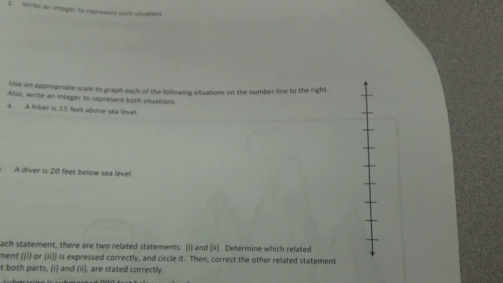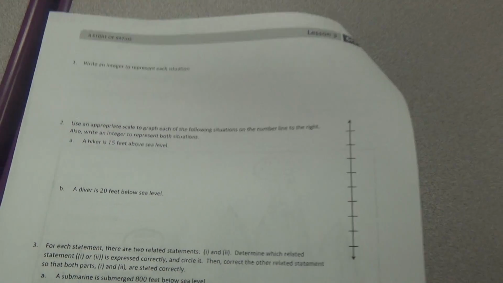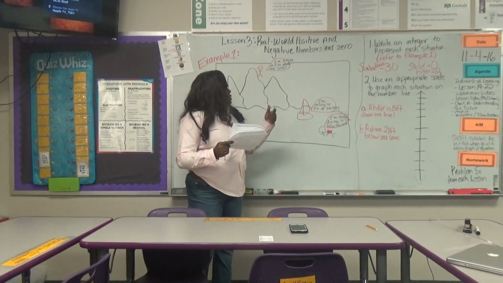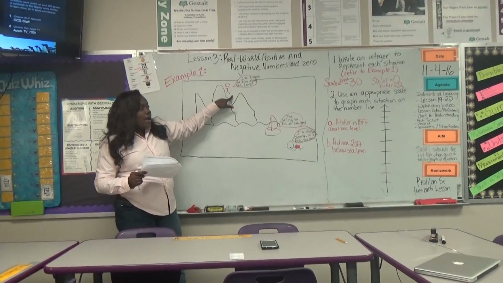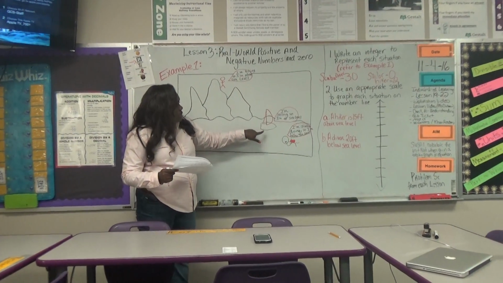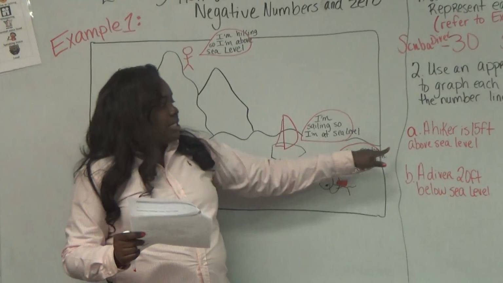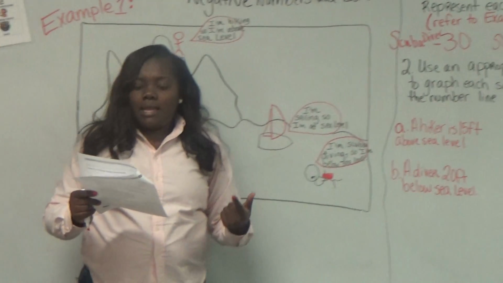So on your paper you have a blank number line. It says also write an integer to represent both situations. Just like we wrote integers to represent our hiker and our sailboat and our diver, you're going to write integers for these situations that we have listed beside A and B.